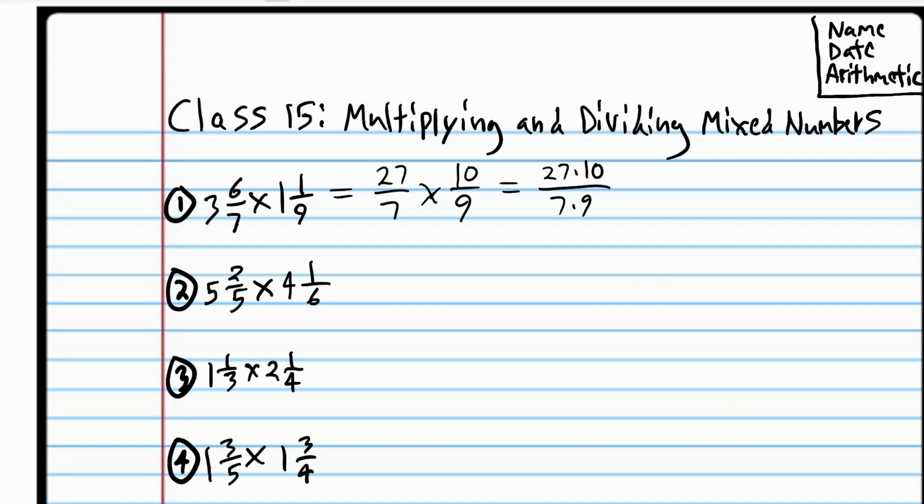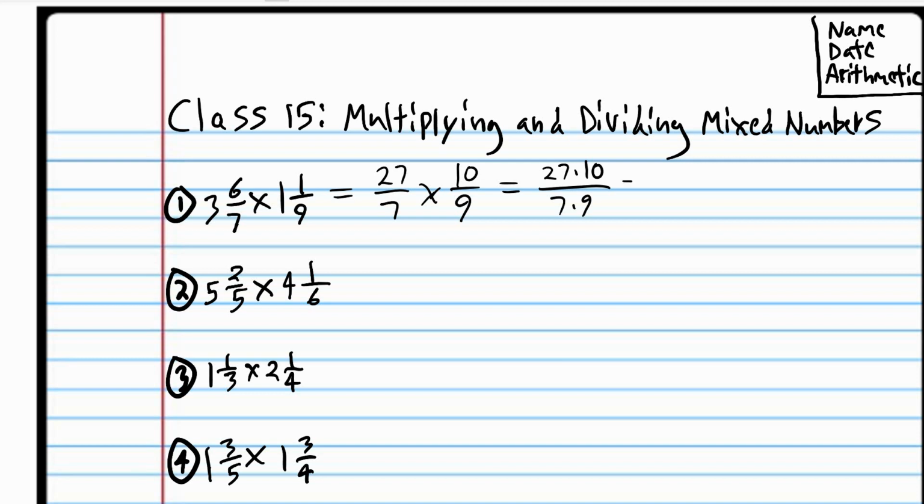Now the reason that I left those products factored, instead of writing 270 over 63, because 27 times 10 is 270, and 7 times 9 is 63, is because those numbers are really big. So we're going to go ahead and leave them in that form, and then we're going to continue to factor.